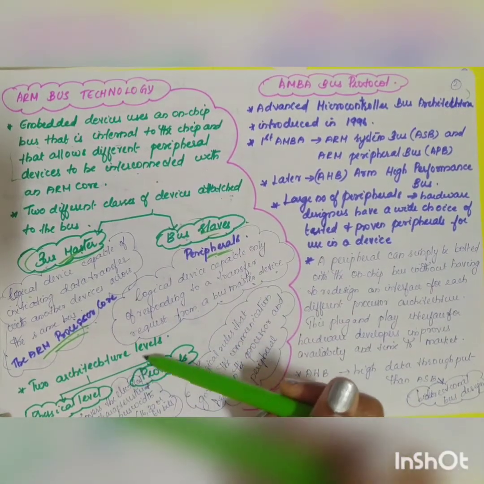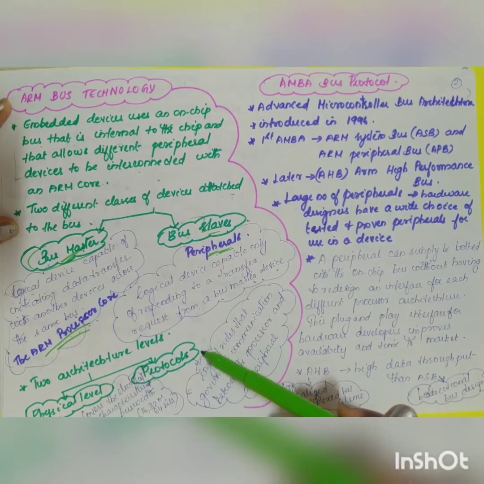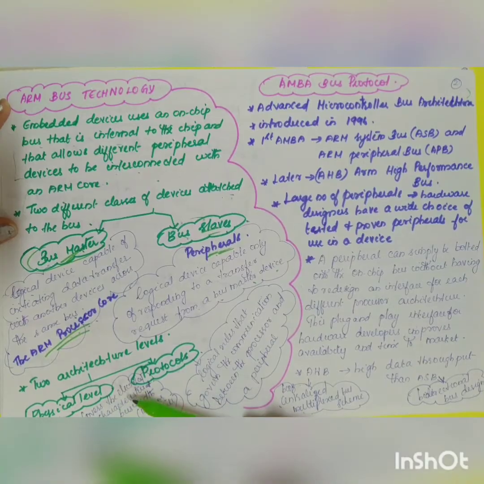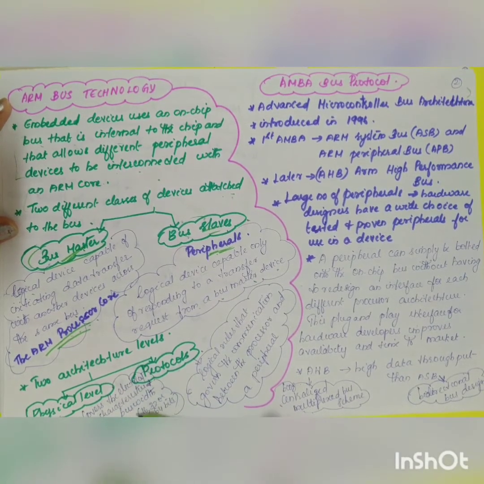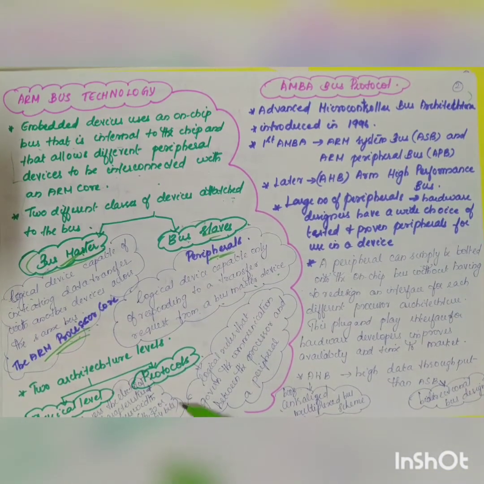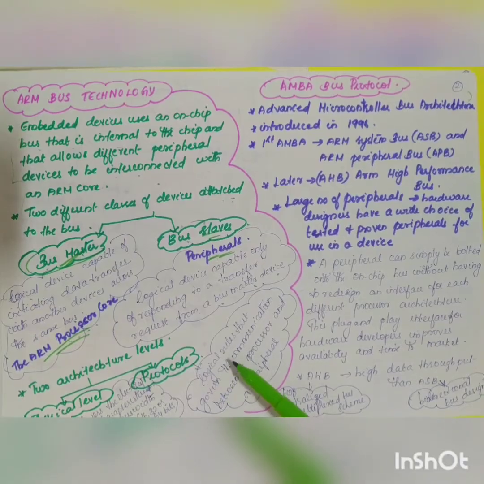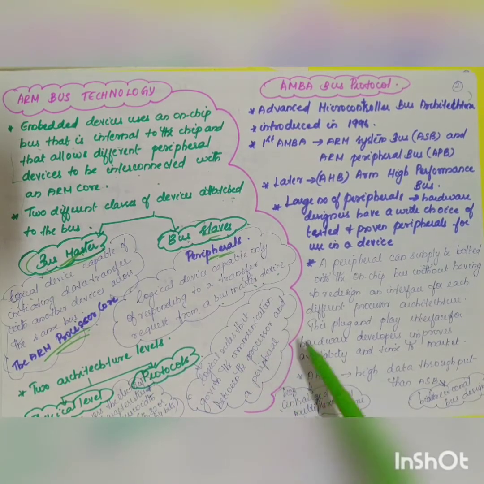There are two architecture levels: one is the physical level and the other is the protocol. The physical level covers the electrical characteristics and bus width of 16, 32 or 64 bits, whereas protocols are the logical rules that govern the communication between the processor and a peripheral.